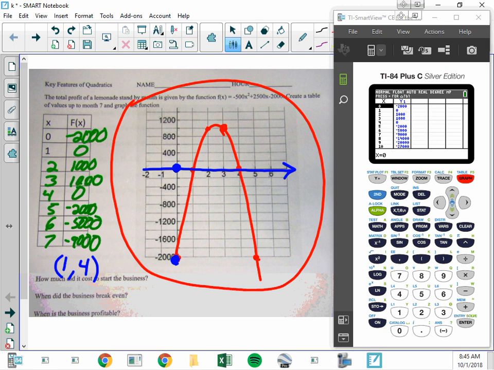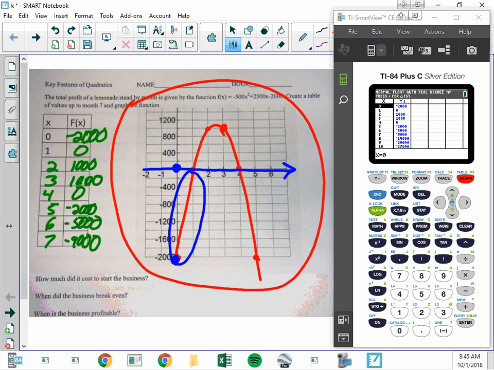When is the business not profitable? So it would be anytime it's below the x-axis. What are the particular intervals for that? Well, we've got to do the left side first. So we're looking at this piece. What is the interval set for that piece? What's the left side of that? 0. We can't do negative infinity because we started the business at month 0.